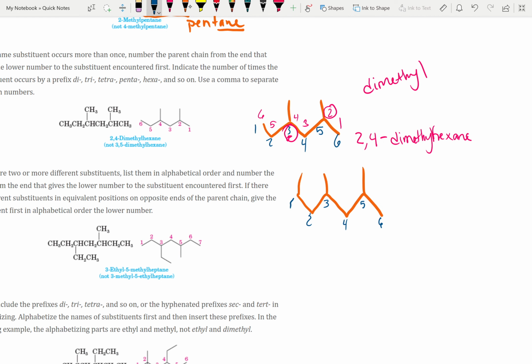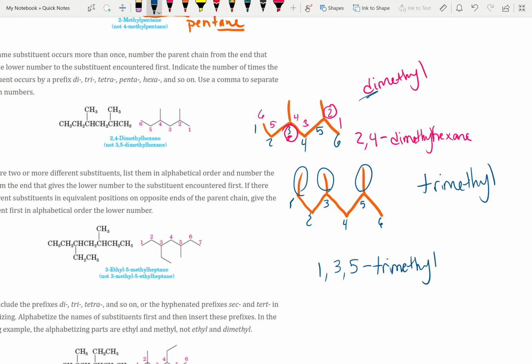We have 3 methyl groups, right? We have 1, 2, 3 methyl groups, so that is not dimethyl, that is trimethyl. Where are they located? They're located at carbons 1, 3, and 5. So we write 1, 3, 5, dash, then we put the trimethyl. And then our long carbon chain, the 6th carbon, that is hexane.